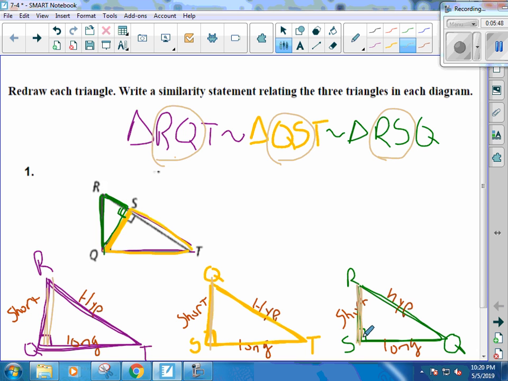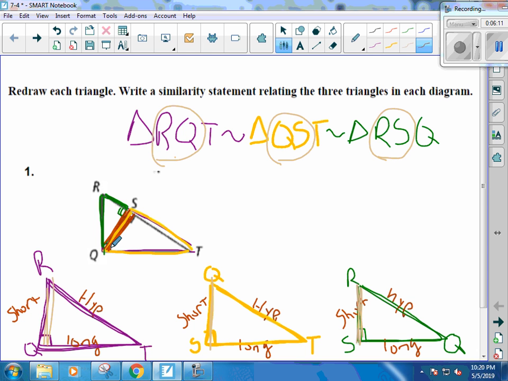When you break these problems out, you're looking at the two inside triangles. The long leg of the shortest is the short leg of the longest. I'm going to say it again.